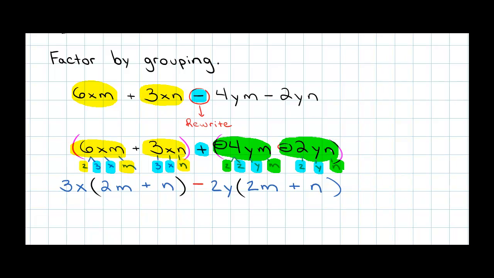And now if you notice, we have the exact same binomial here. We have a 2m plus n, and here we have a 2m plus n. That's a common factor. So we can actually factor out that entire binomial.